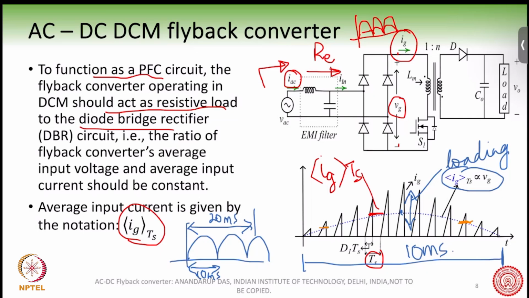We are getting a rectified output at the diode bridge rectifier, so the output of the rectifier has this kind of lobe width of 10 millisecond. Inside that 10 millisecond, we are seeing the discontinuous conduction mode of the flyback converter. So here what I was saying is that with loading, the peak value of the average IG will change, but its value will also vary from one switching cycle to another switching cycle. Okay, this we have to remember.